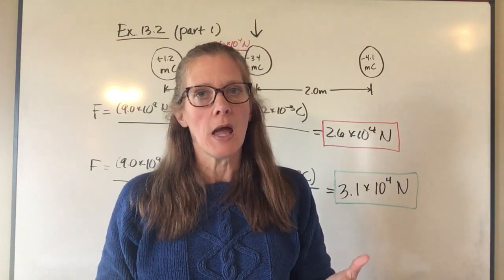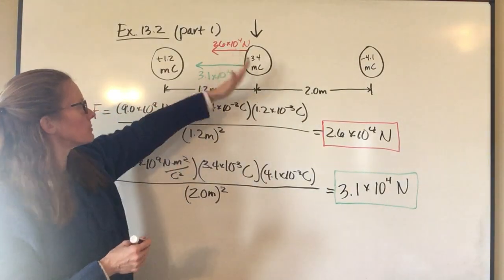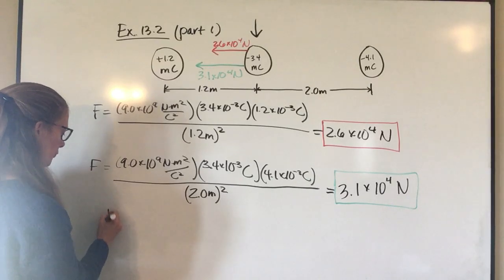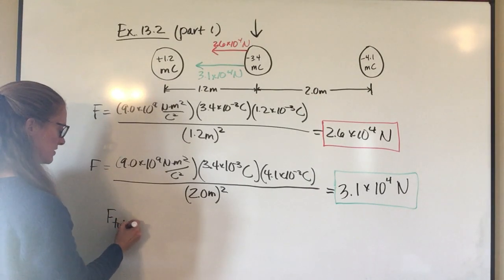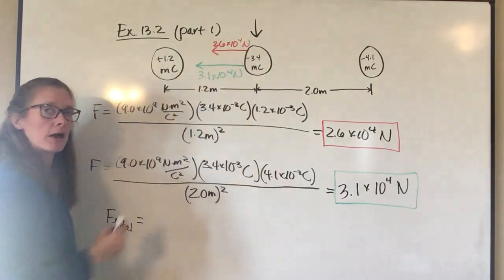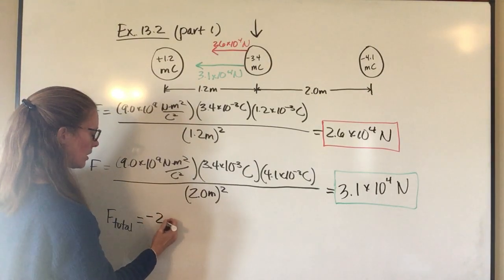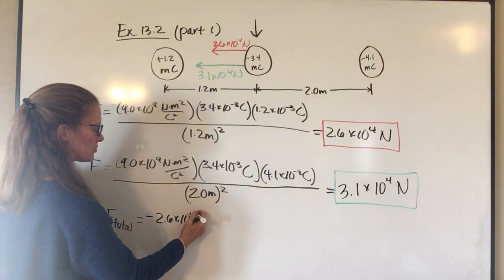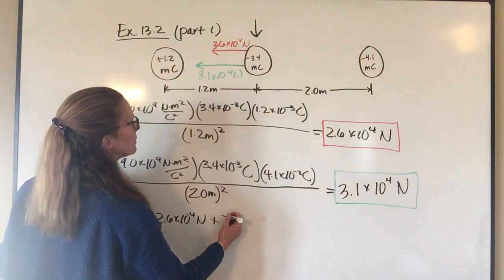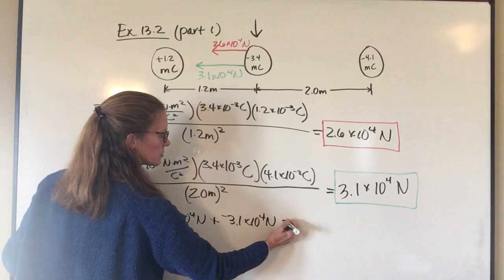Normally what we do is we say, well, if it's going to the left, it's negative. And so since both of these are going the same direction, they're both left, the total force is just going to be the sum of the other two forces. So I'm going to have, since this is going to the left, I'm now going to put a negative sign on it to indicate direction. So I'm going to have negative 2.6 times 10 to the 4th newtons plus a negative 3.1 times 10 to the 4th newtons.